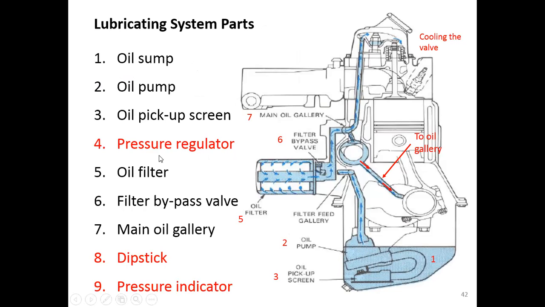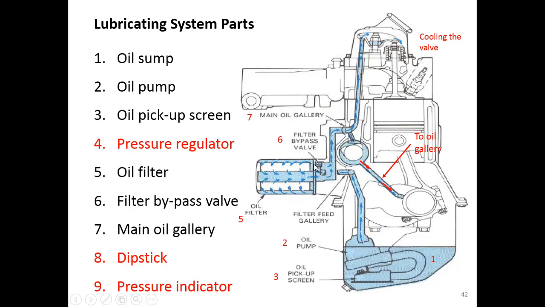We also have a pressure regulator, which does not show in this picture, to regulate the pressure of the oil before flowing into the engine. We have the oil filter here.